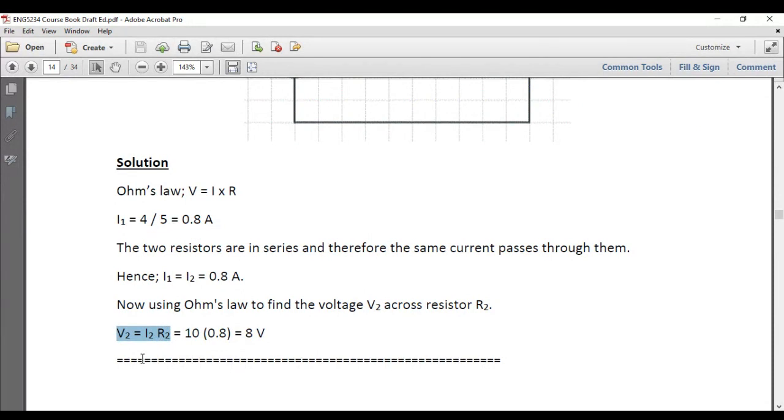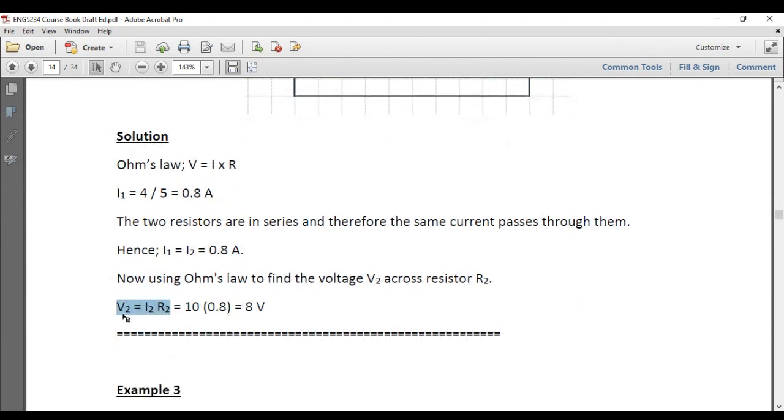Class, it is important that whenever you write the formula while solving DC problems like this, do not write just simple E is equal to IR, okay? Because you are specifically finding the voltage on resistor 2, so we can mention it as V2. To find V2, you have to multiply I2 times R2.